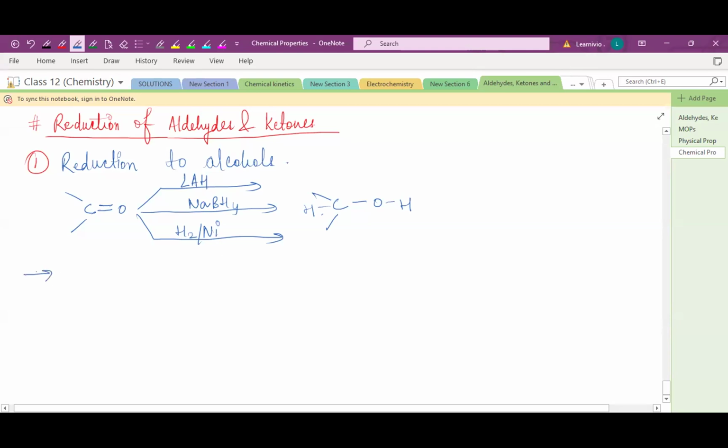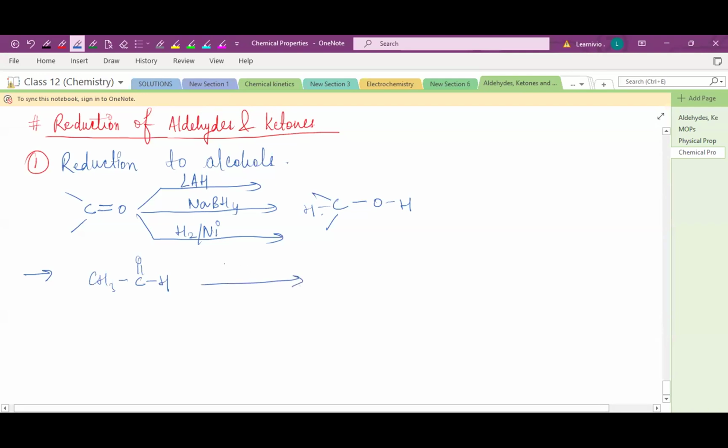Now, can you tell me, Muniba, if you reduce the aldehyde, which alcohol will it reduce to: primary, secondary, or tertiary? Primary, yes. Suppose we have CH3CHO.